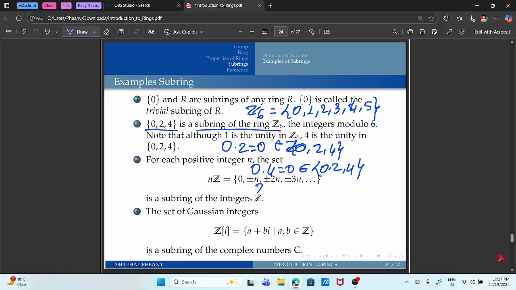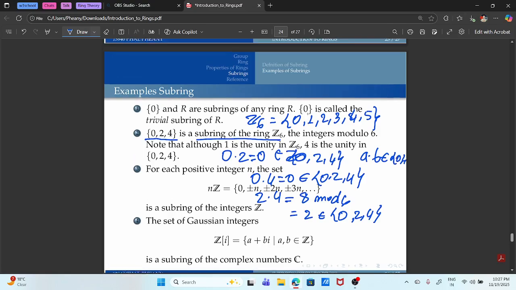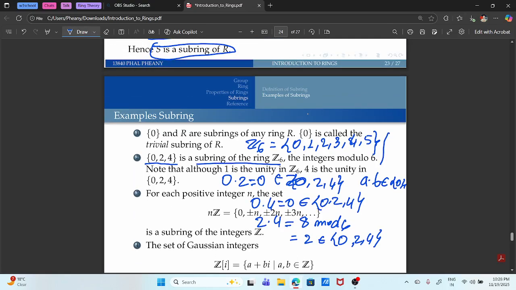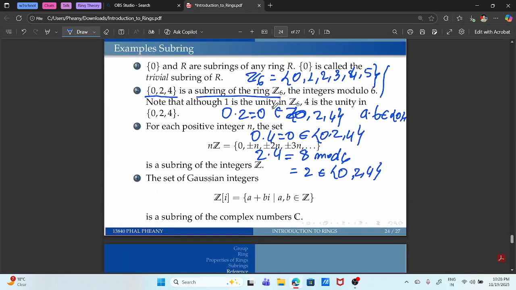And if we multiply 2 times 4 equals 8, modulo 6, so we get 2. 2 belongs to {0, 2, 4}. So by this, A times B belongs to {0, 2, 4}. Now we consider the first condition, addition. So 0 plus 2 equals 2, which belongs to {0, 2, 4}.